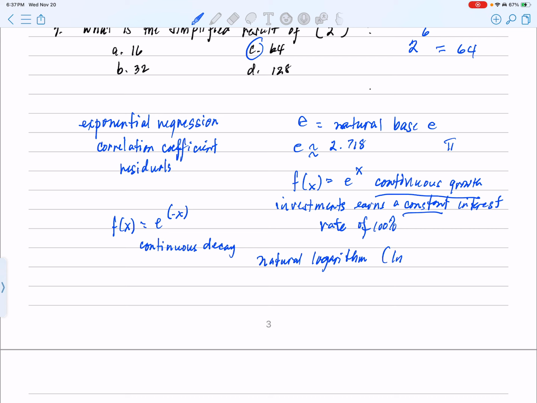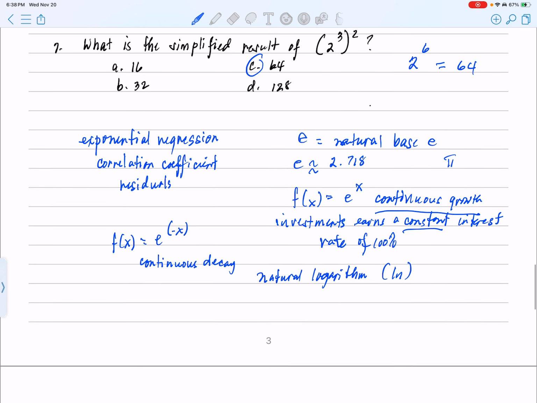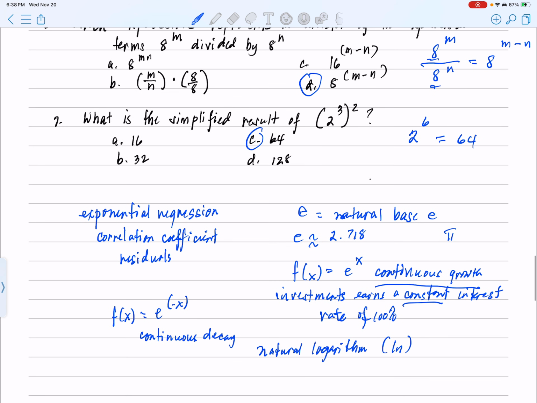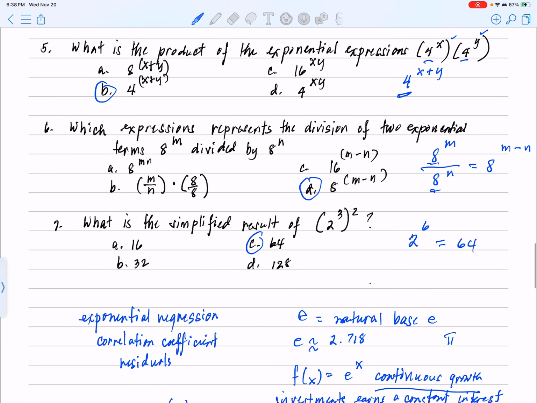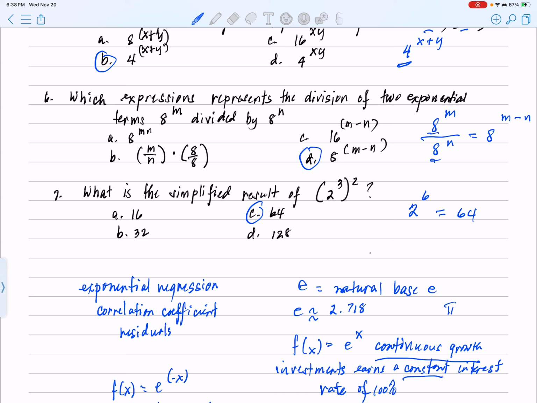The natural logarithm is the inverse function of the exponential function with base e. We'll do more on this in the coming videos. I'm just reminding you at this point about using e and using the calculator for technology, for exponential regression, correlation coefficient, and finding the residuals. All right, we'll be doing that in our incoming videos.